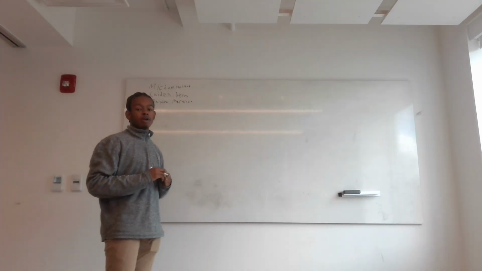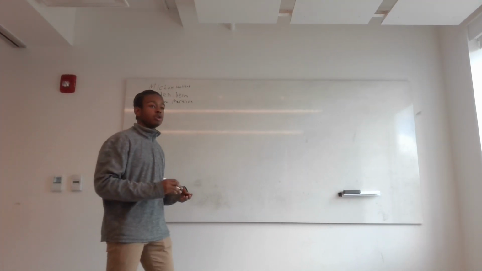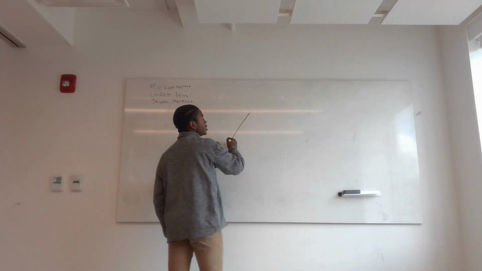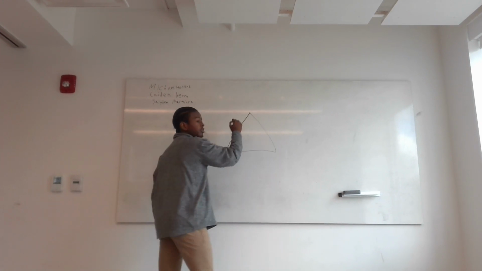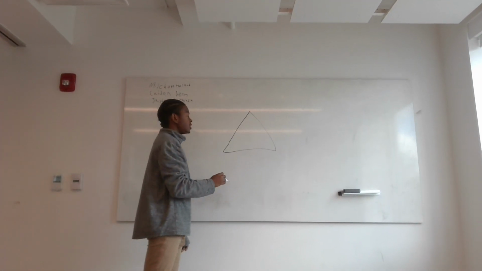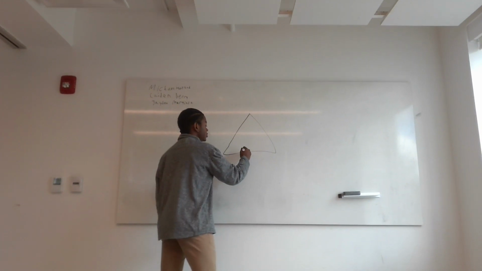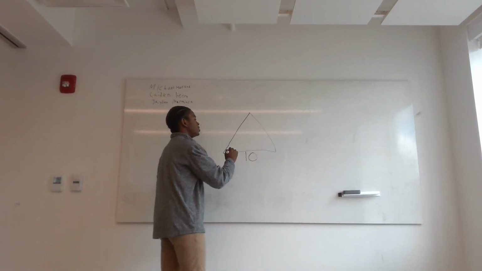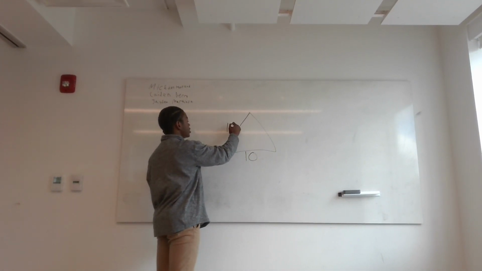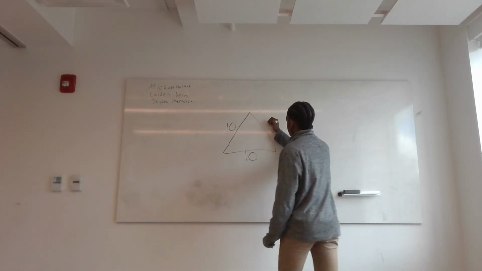Now for the last example, we're going to be using the isosceles triangle. The isosceles triangle has two sides that are the same and one different side. For example, 10, 10, and 15.